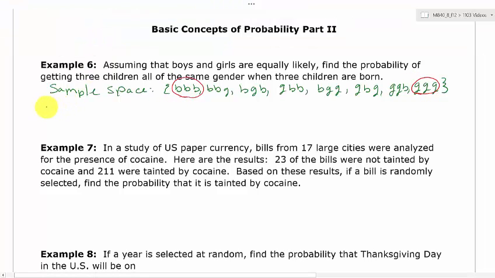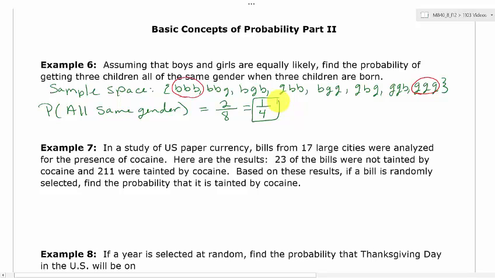And so then the probability of all same gender is equal to 2. That's the number of events in the sample space that have all the same gender, divided by the total number of events in the sample space. So that would be equal to 2/8, and that simplifies down to 1/4.